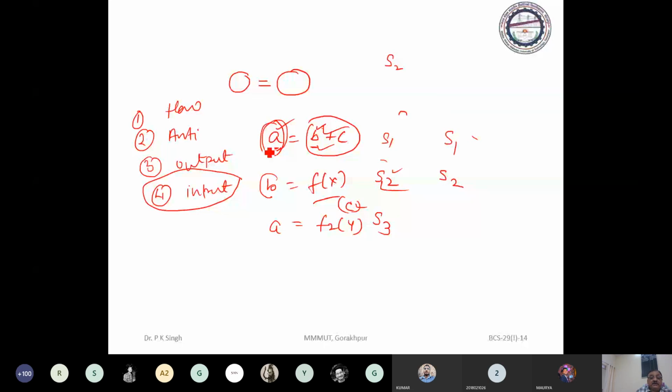So we will not consider input dependence for the detection of parallelism. We are concerned with flow dependence, anti-dependence, and output dependence. Apart from this, we have some unknown dependencies that cannot be determined at the time of analyzing the program for parallel execution.